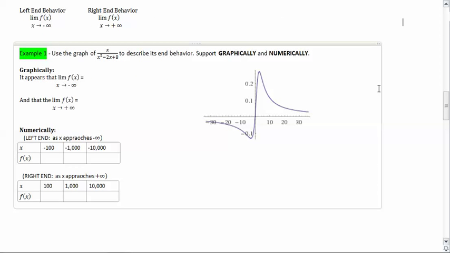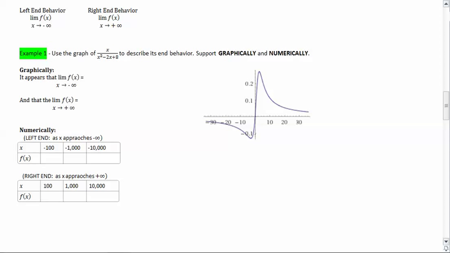So another example: use the graph of x over x squared minus 2x plus 8 to describe its end behavior. Support graphically and numerically. So what does that mean? Graphically means look at this graph, tell me what you think is going to happen. If we're looking at x as it approaches negative infinity, it's important to notice we have just 0.1, 0.2.